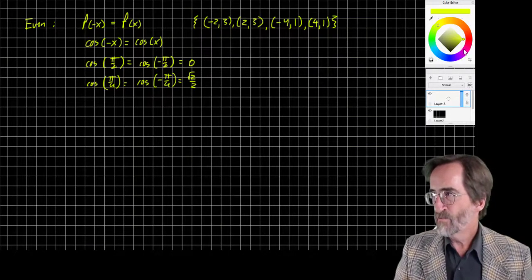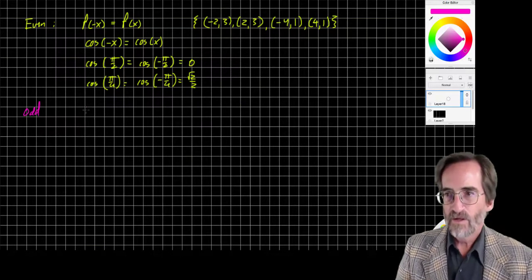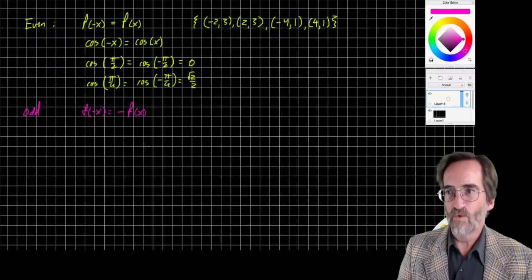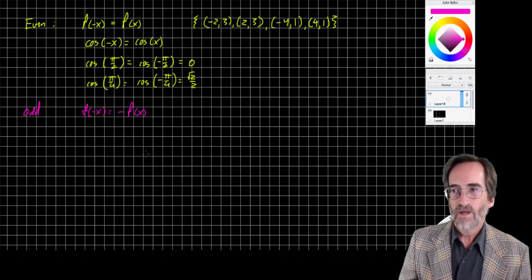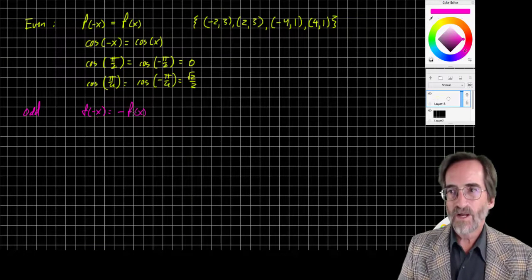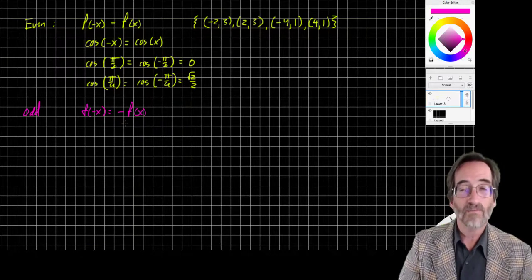A function is odd if inputting the opposite, or negative, of something causes the function value to be opposite, or negative, as well. So if I input a negative value, I get out a negative value. If I input a positive value, I get out a positive value.